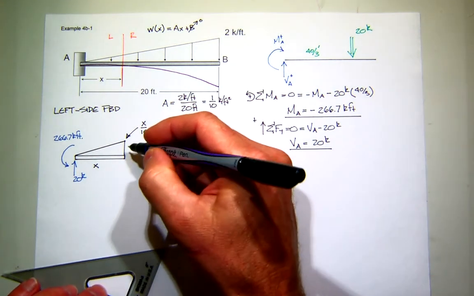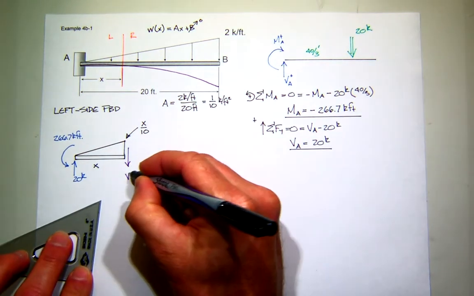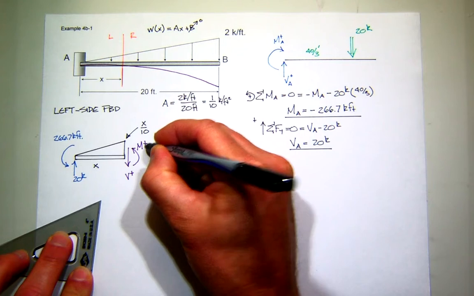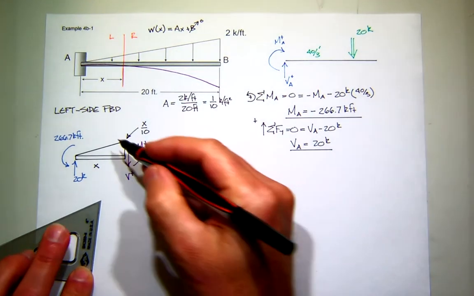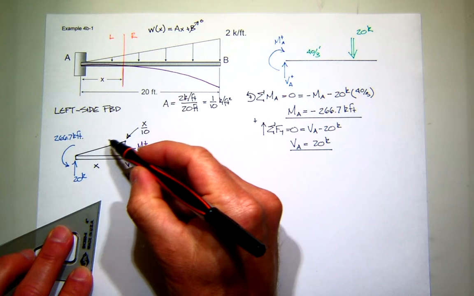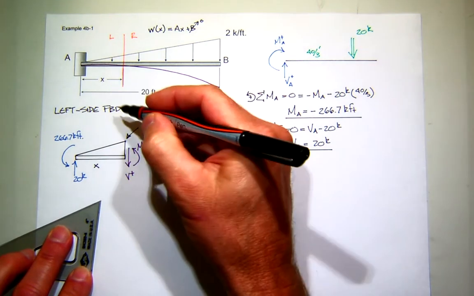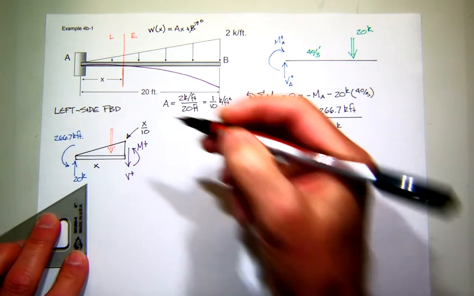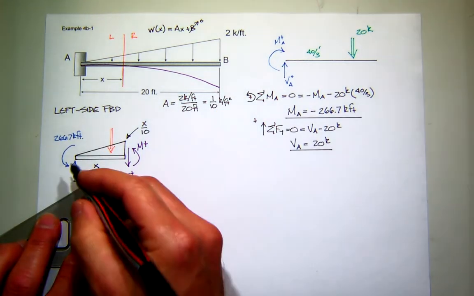Okay, now I'm going to come to my cut edge, and I'm going to assume positive shear force and positive bending moment. Now, we never like to deal with our load, since it varies. We like to do what? A concentrated equivalent, right? So let's do the same thing that we've done before. Let's say we have a concentrated equivalent force. And what is that force? Well, it's a triangle.